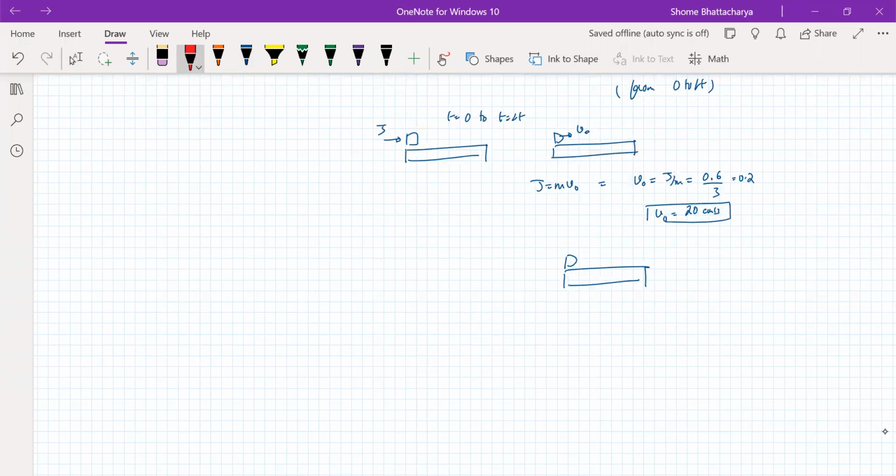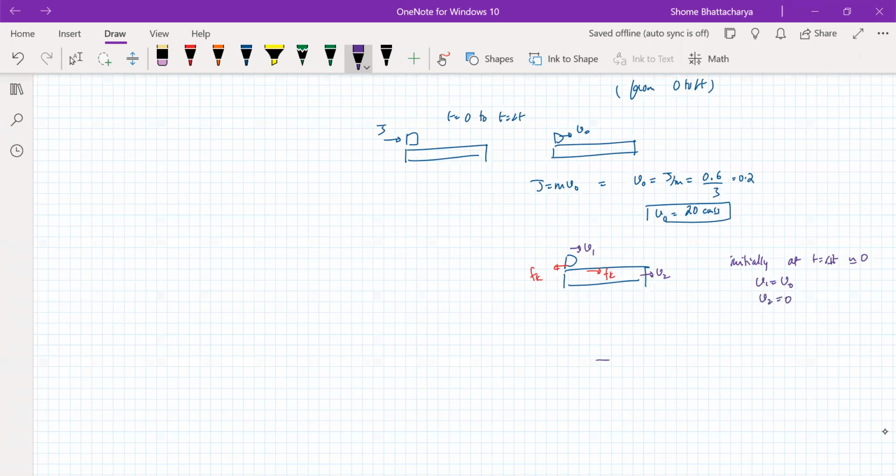So friction starts to decelerate this and to accelerate this. In general, at any time, this is V1 and this is V2. Initially, that is at t equal to delta t, which is almost t equal to 0, V1 is V0 and V2 is 0.